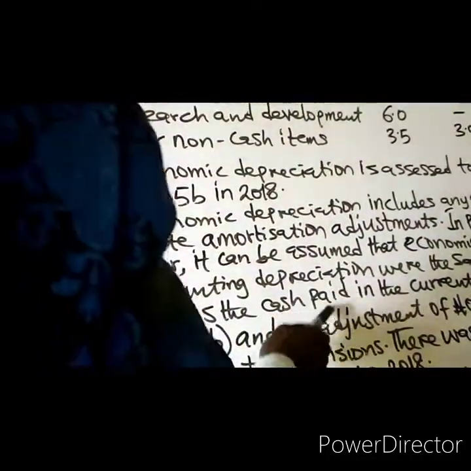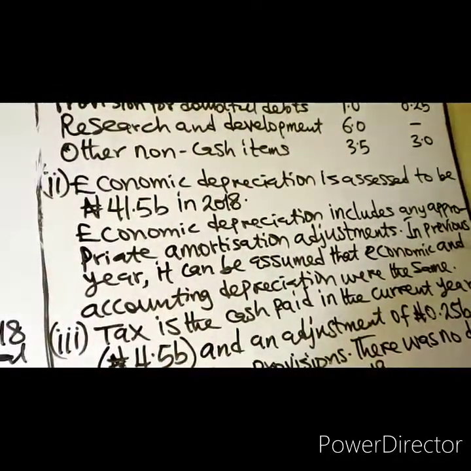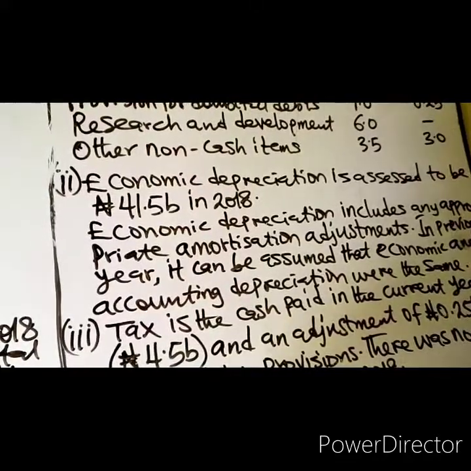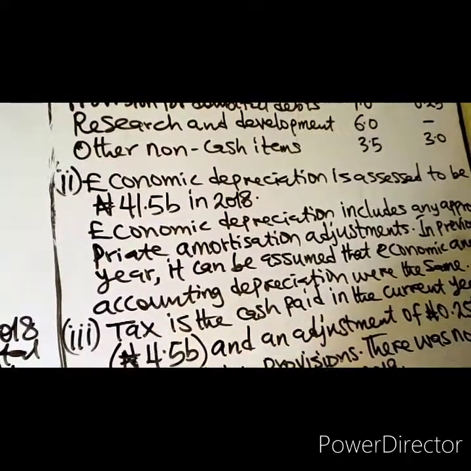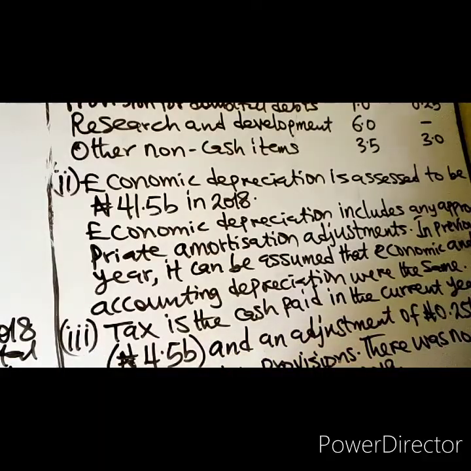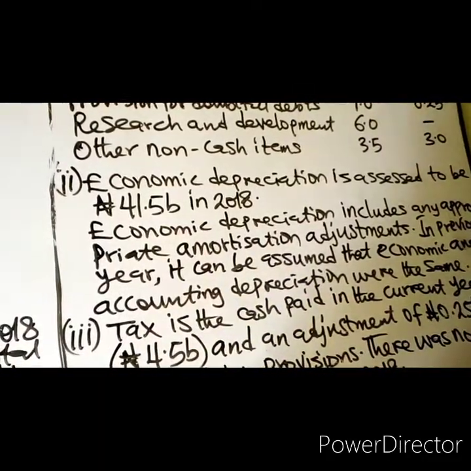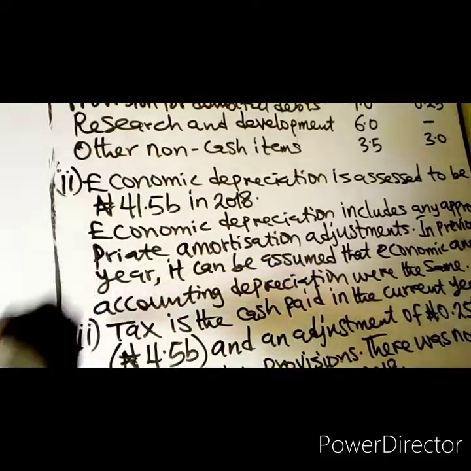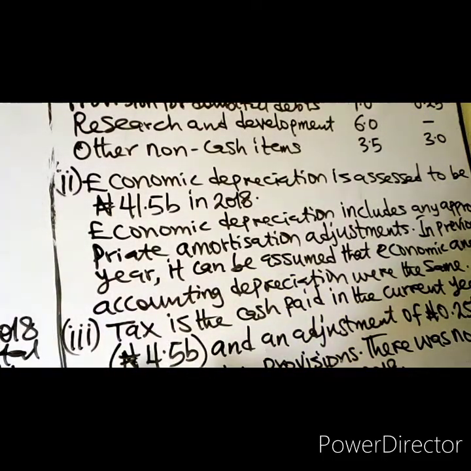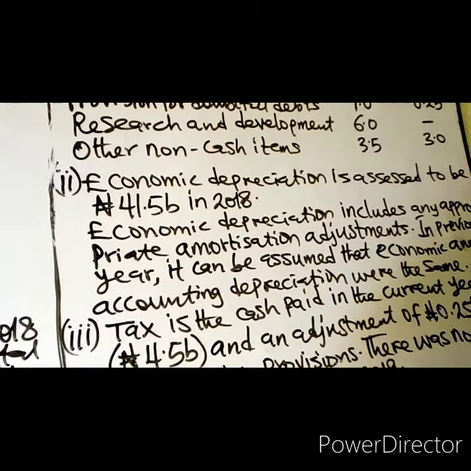Tax is the cash paid in the current year. You are going to deduct the tax. I've told you that any tax savings, tax benefits or tax relief on interest, you have to offset that. I mean, you have to add it to the tax to be charged in your NOPAT.